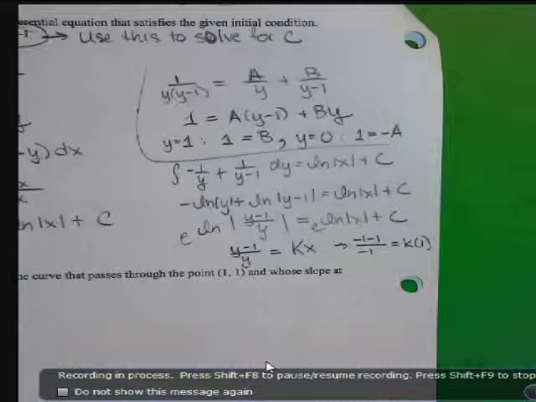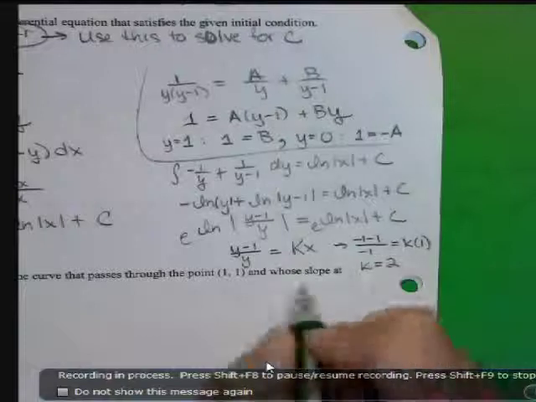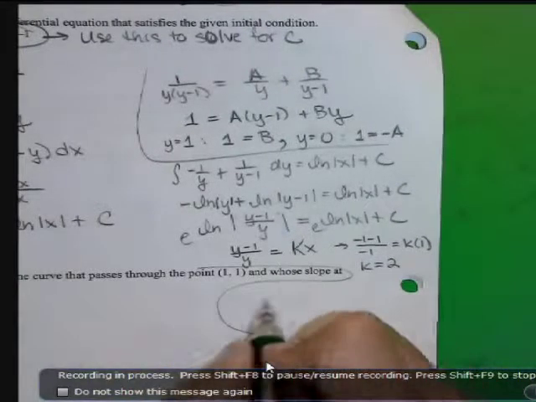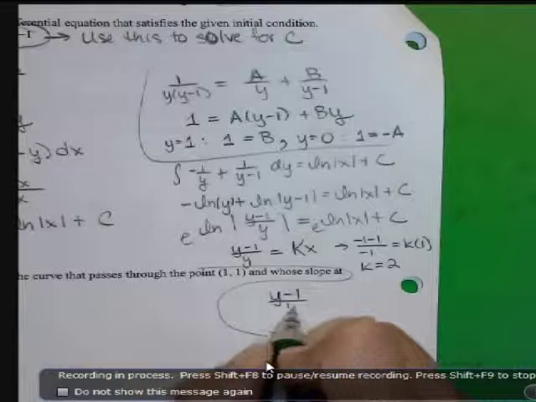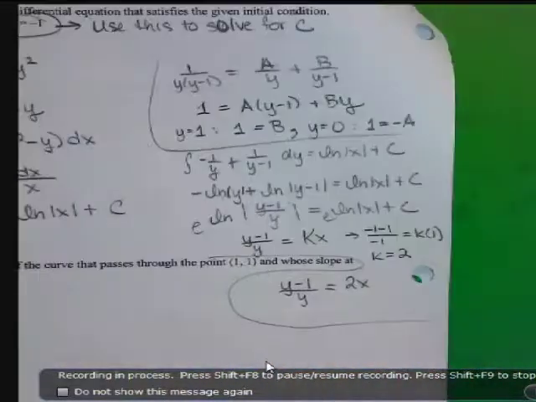So negative 2 over negative 1. So the k is 2. So our equation is y minus 1 over y equals 2x. And you could actually get the y by itself, multiply by y, get the y's on the same side and factor, but I'm fine with this.